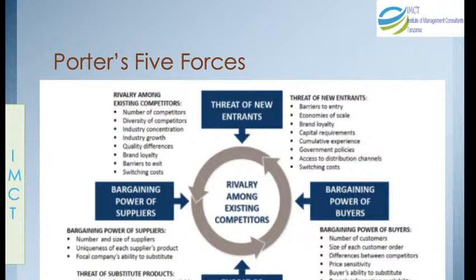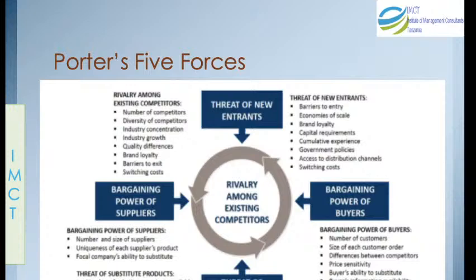Number 4 is bargaining power of the suppliers. How much can you negotiate with the supplier? Are they able to supply goods while you're waiting to pay? What is the credit period they can give to you? And what kind of product can they give you at a better price, so that you may be able to save costs and sell your product at a better price.